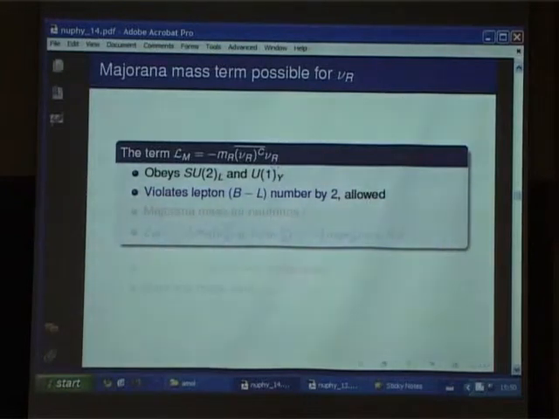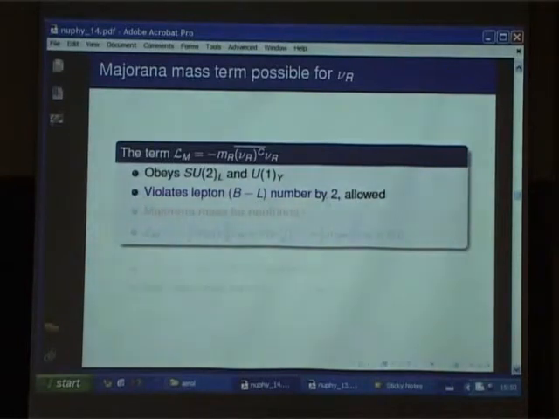The lepton number for mu R conjugate is minus 1, so for mu R conjugate bar it is plus 1. So this term has lepton number equal to plus 2, or you can say B minus L is minus 2, whichever way.